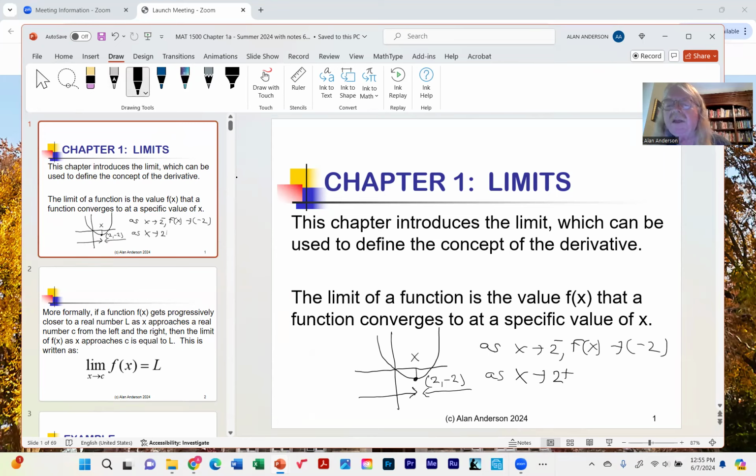It means here we're approaching 2 from the left, meaning we're coming in this direction. So we're coming from the smaller values of x and getting closer and closer to 2. Over here, we call this approaching from the right. We're starting with the larger values of x, and we're getting smaller and smaller until we get very, very close to x.